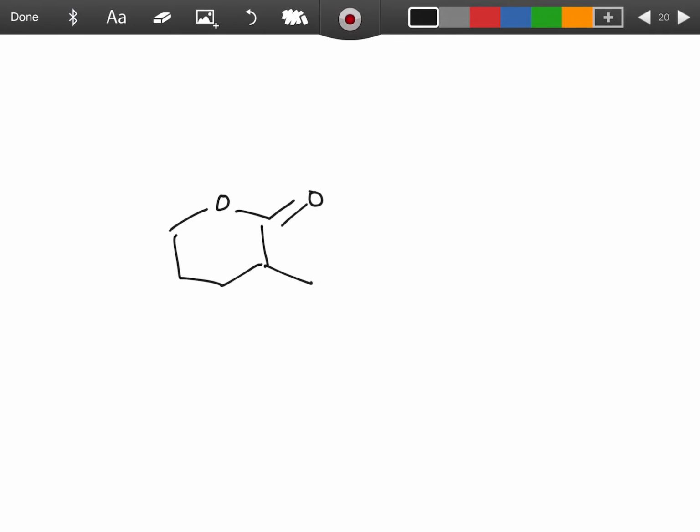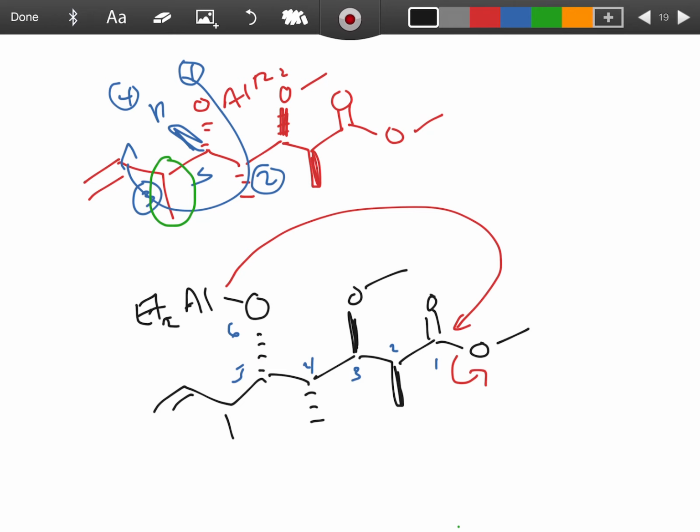I know I said this a while back, that if you make something reactive, a reactive intermediate, you shouldn't waste it. So they were able to do the addition that they wanted to do, and they make an O minus. And so they could have said, well, we could just add acid to this really fast and stop, or we could use a reagent that really binds slightly to my oxygen.